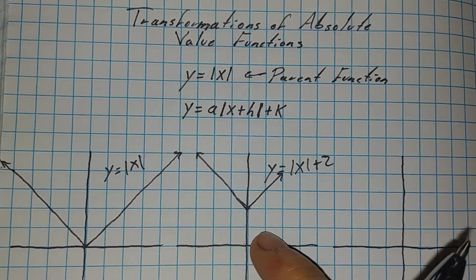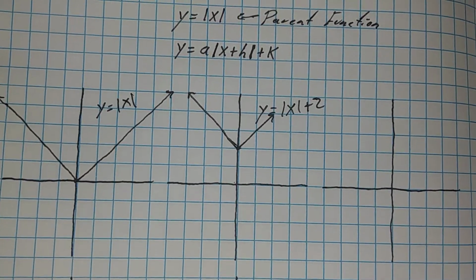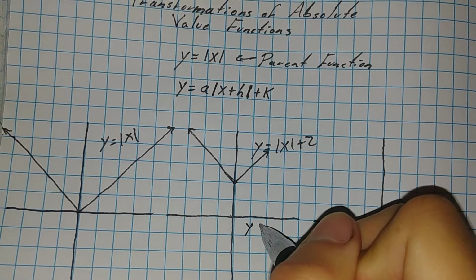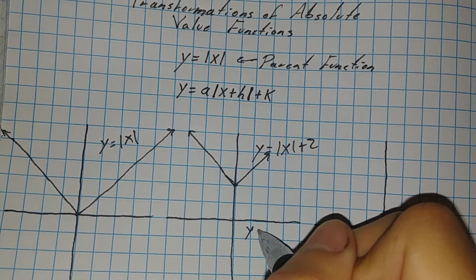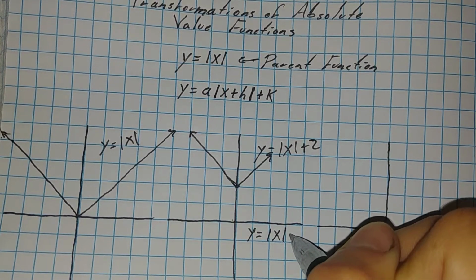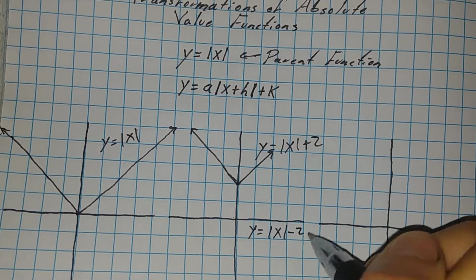Now let's say that instead of shifting it 2 units up, I shift it 2 units down. So I would have y equals the absolute value of x minus 2.